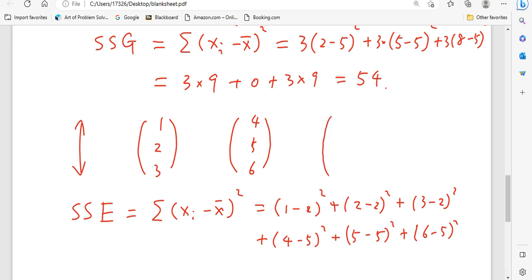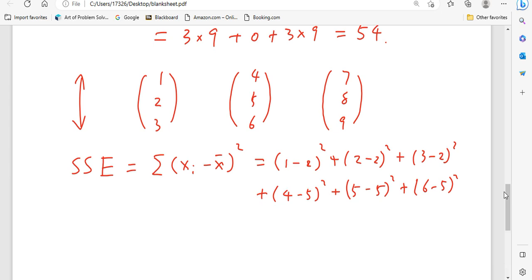And then for this group, 7, 8, 9, it is the same. So just each one minus the average, squared, right? So (7 minus 8) squared plus (8 minus 8) squared, then plus (9 minus 8) squared. So we find this number equals 2. So this equals 6.